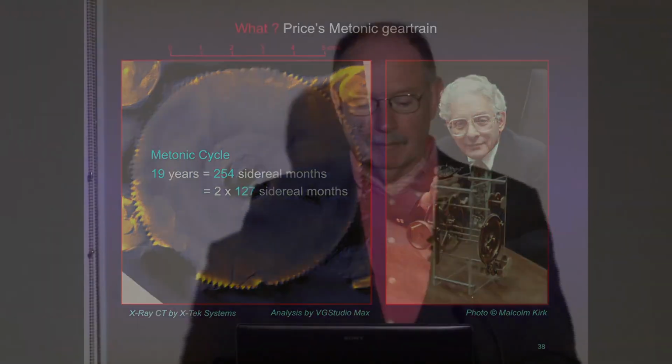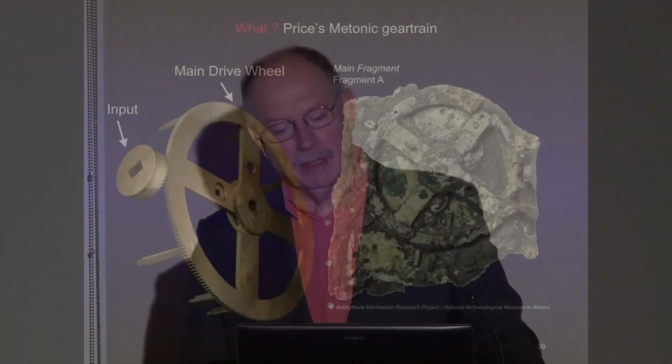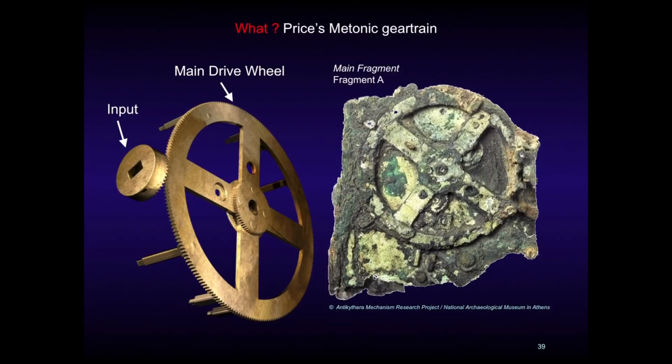It was a very important discovery. And Price went much further than this. He described how he thought this gear was embodied into the gear wheels of the device. On the right there, you can see the main surviving fragment with its characteristic large wheel, four-spoked wheel.